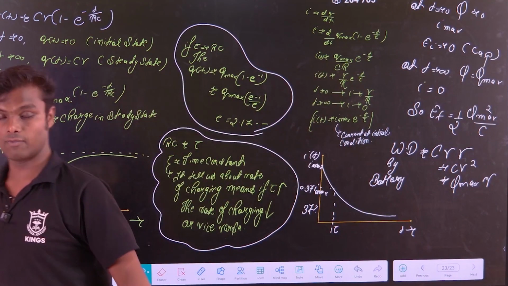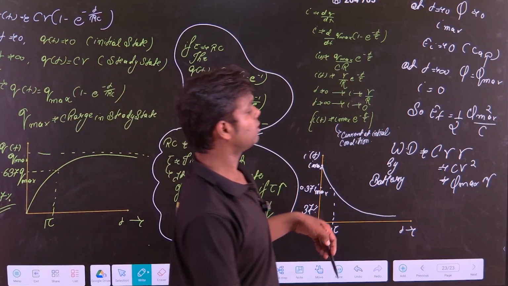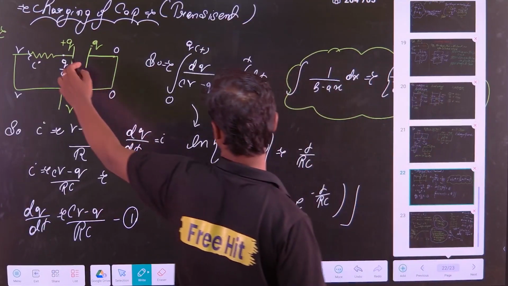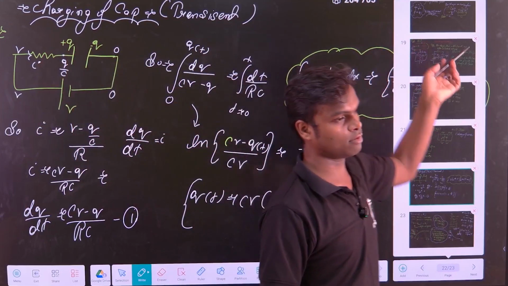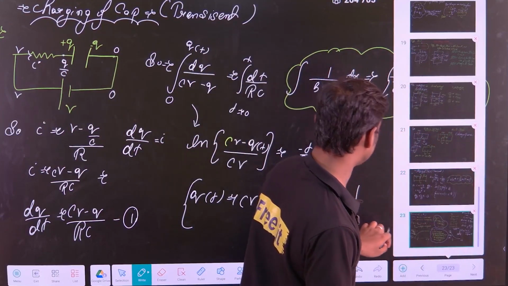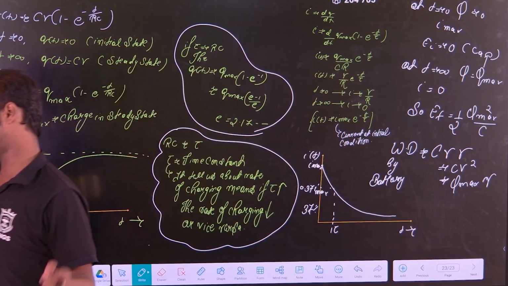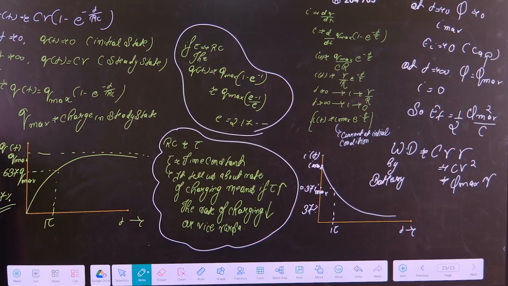And where has the other half of the energy gone? The half of the energy has gone to the resistor in the form of heat. Clear? So that is what we observed in the charging of capacitor. I hope everything is clear regarding the charging of capacitor. If you have a doubt, please let me know.